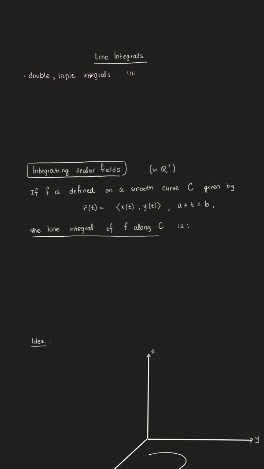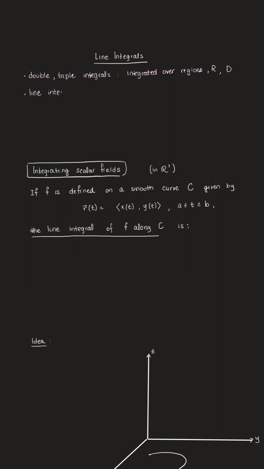So we integrated over regions. You might remember that we called R our region in the xy plane and D our region in space where we integrated over. Line integrals are based on integrating over space curves.